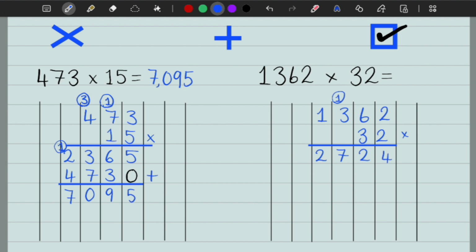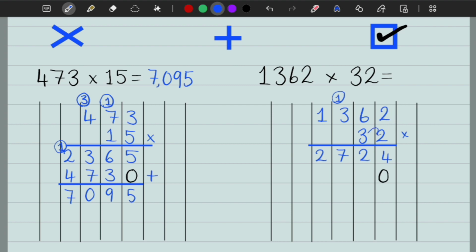Good. Next, moving down to the next row again. Remember, I'm multiplying by the 3 here, which is actually secretly a, well done, a 30. So I need to put a 0 in underneath first. Then I'm going to have 2 multiplied by 3, 6 times 3, 3 times 3, and 1 times 3.